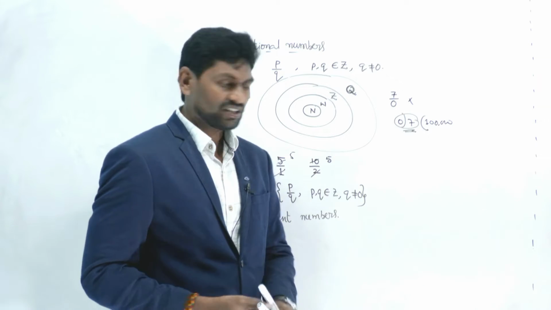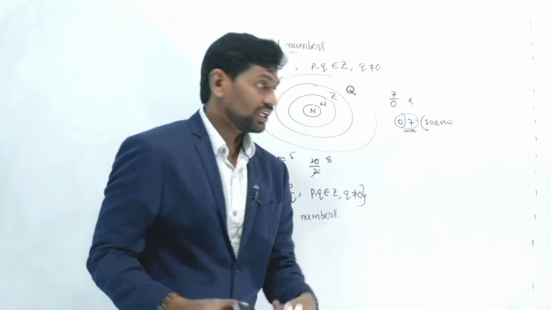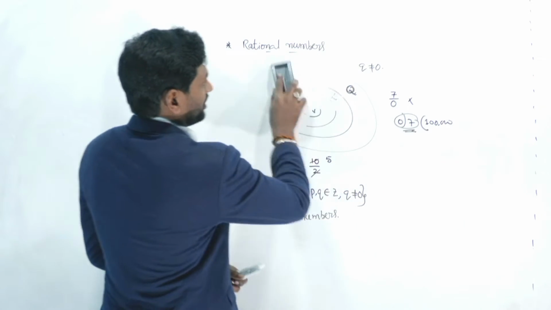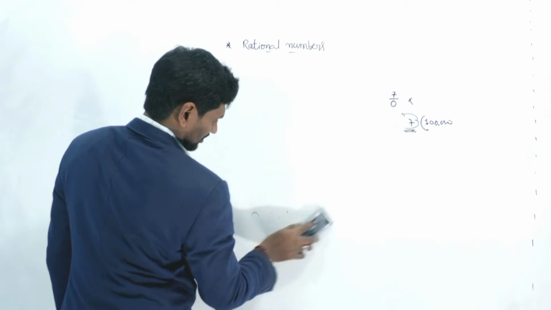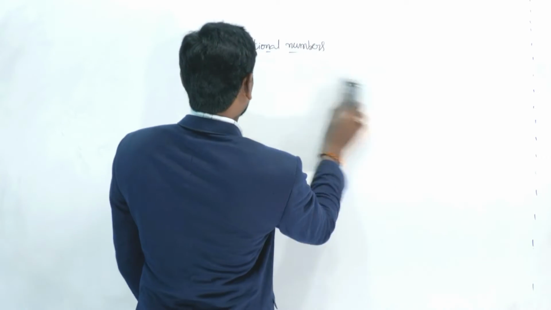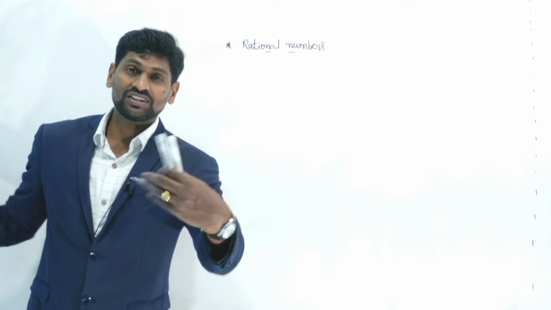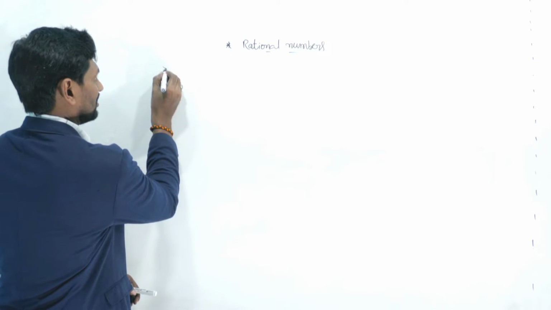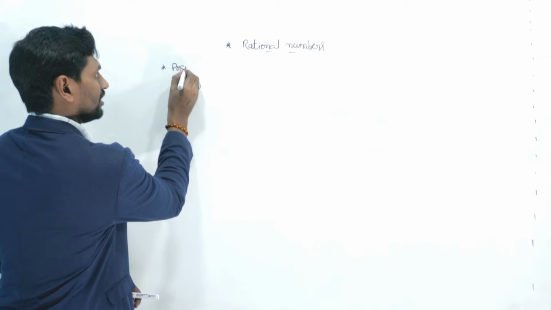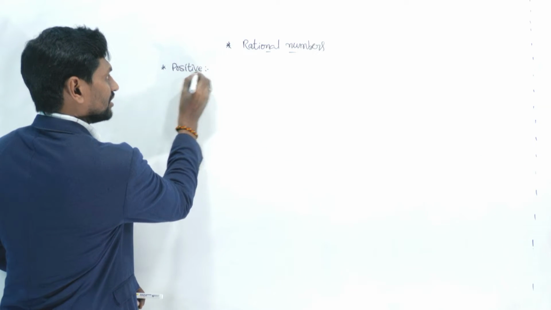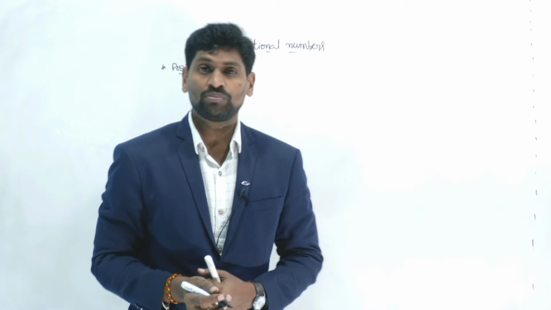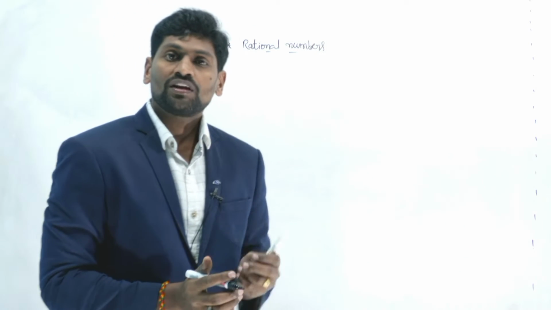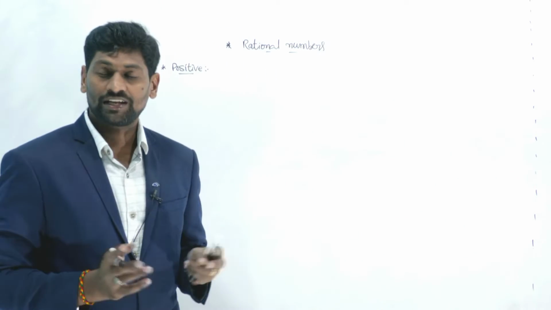Right. Now let us go to the positive rational numbers and negative rational numbers. Positive rational numbers means, while you are observing the rational numbers, both numerator and denominator have the same sign.